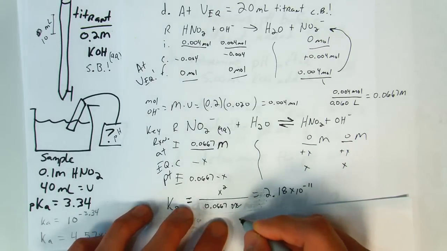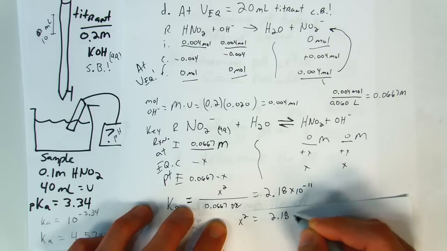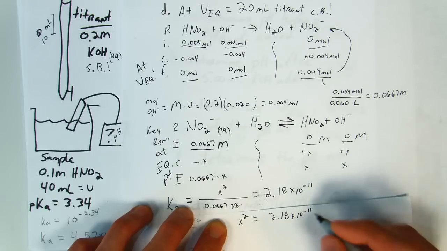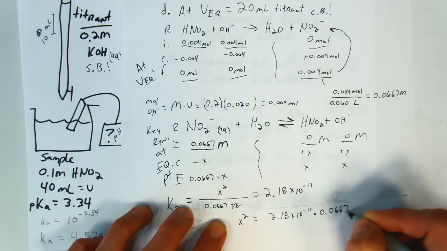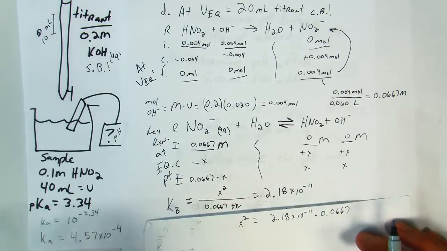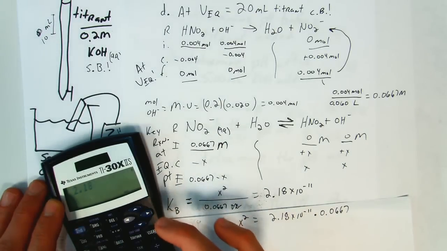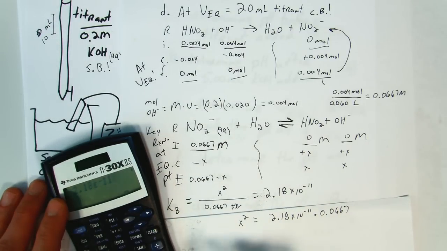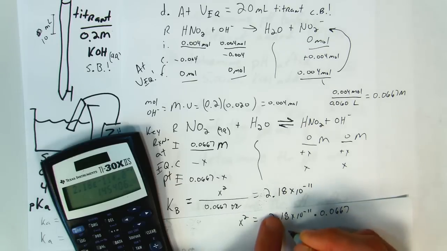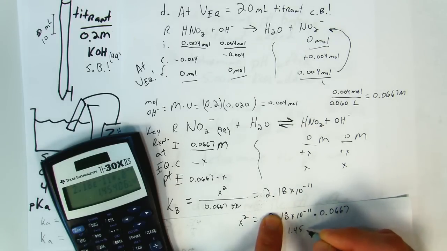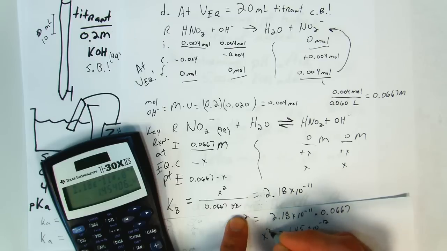And then I could write what x squared is equal to: 2.18 times 10 to the minus 11th times 0.0667. If I do the math on that, I get 1.45 times 10 to the minus 12 is equal to x squared.